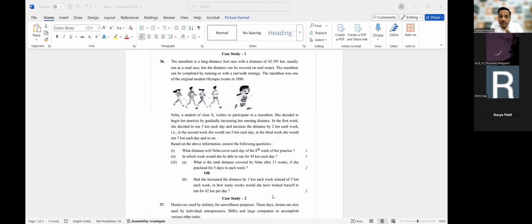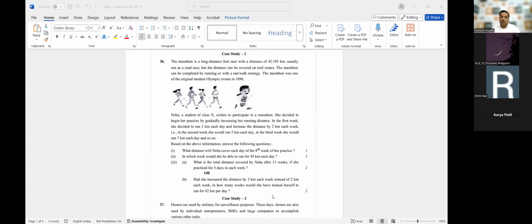First day 3 kilometers, and after each week 2 kilometers, means the first week is 3 kilometers, the second week is 5 kilometers. Sorry, again, the first week is 3 kilometers, and then 2 kilometers she increased, that is 5 kilometers. Second week she would run 5 kilometers each day. Third week 2 more increase, that is 7. So based on the above information, answer the following.